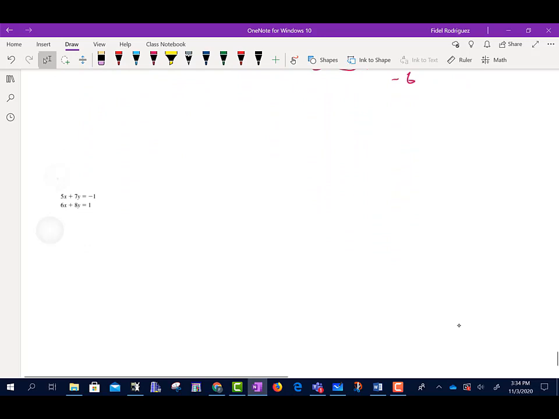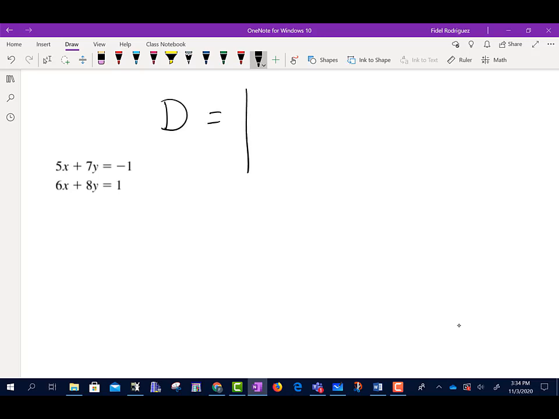So look, let's do this one. We're going to go about it the same way. So the first thing we're going to do here, oops, let me get my pen working again. Here we go. We're going to find D. D says we're going to find the determinant of this matrix. So this is going to be 5, 6, 7, 8. Remember, I'm going to multiply.